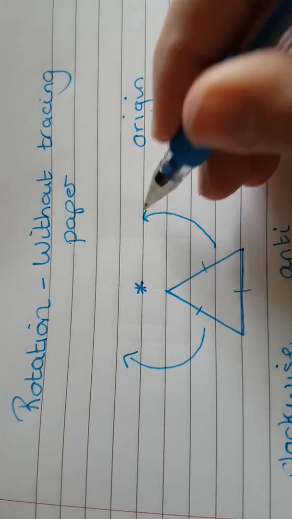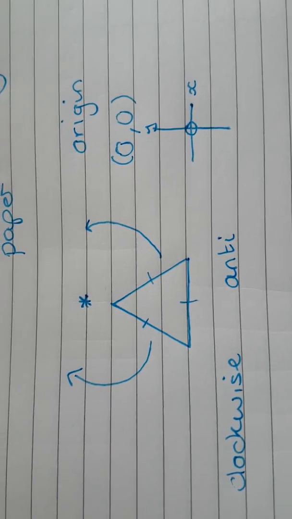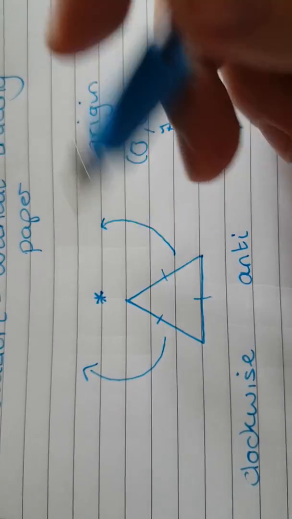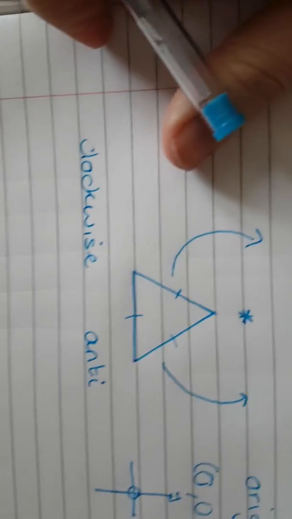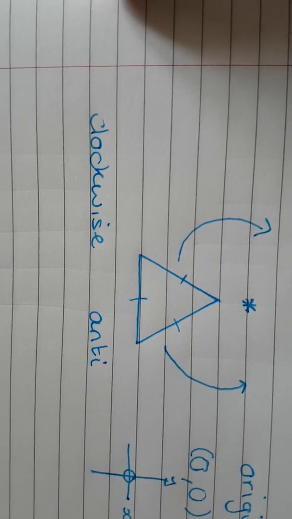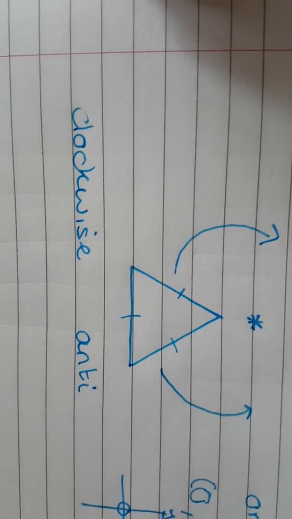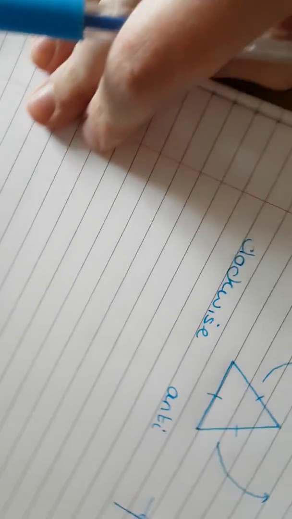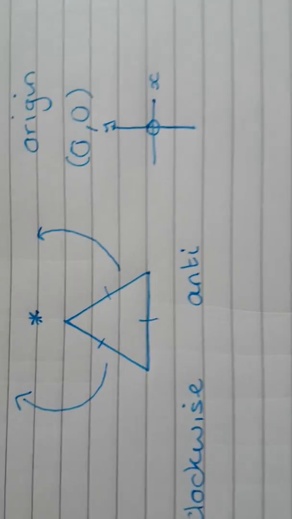It doesn't make a difference when it's 180 degrees. Either way, if I was to turn this shape around 180 degrees, so it's upside down, that's what 180 degrees does, turns things upside down. Either way, anti-clockwise or clockwise, you end up in the same place. It makes a difference when it's, say, 90 degrees or 270.